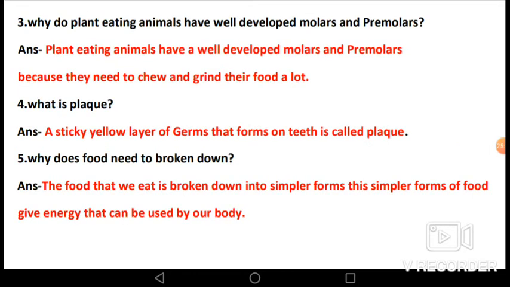Now let's see the fifth question. Why does food need to be broken down? The answer is the food that we eat is broken down into simpler forms. These simpler forms of food give energy that can be used by our body.